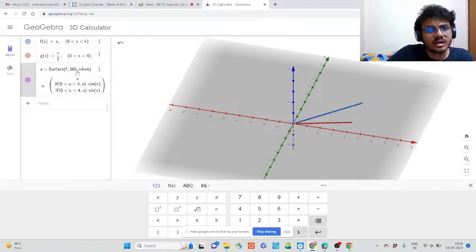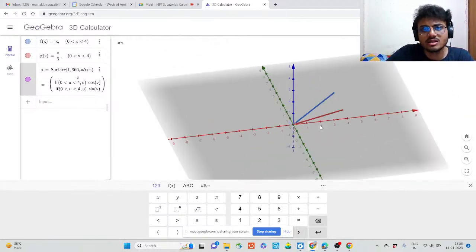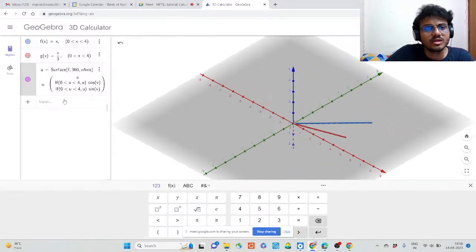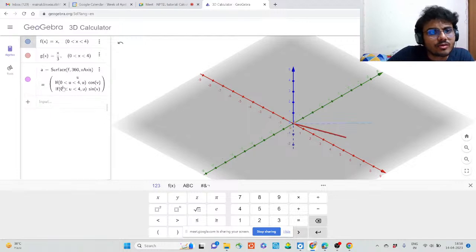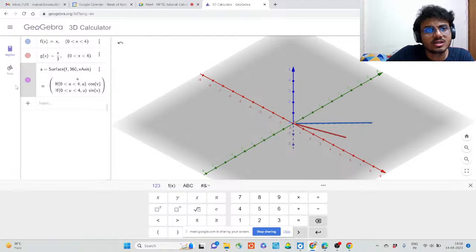I don't know what is happening. Just now I had seen this. I think it's having some rendering problem. 360 degree I rotated about the x axis. Here f of x.